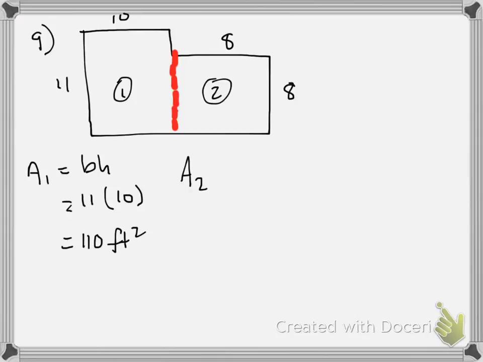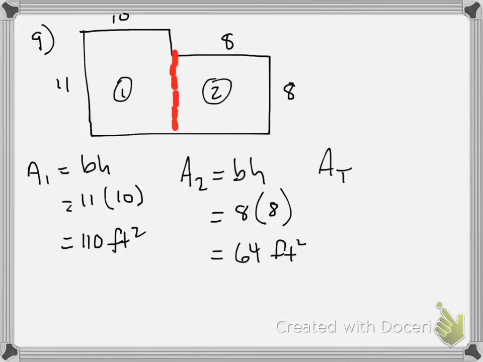The area of my second shape, that would also be base times height, and that's easy. These are both 8. So that will be 64 feet squared. So the area of the total shape would just be to combine these. 110 plus 64 would be 174 feet squared.